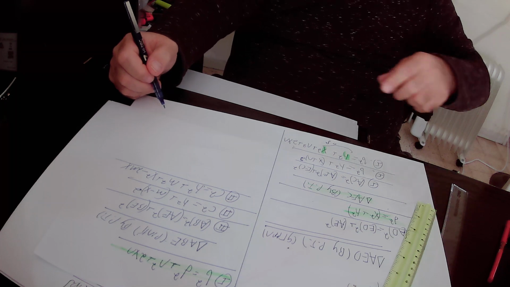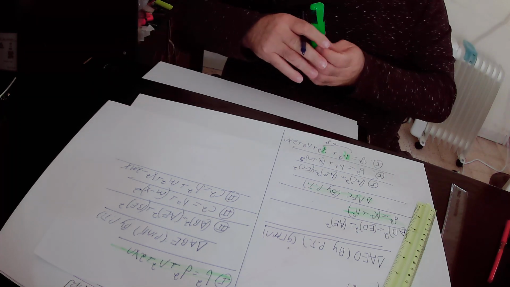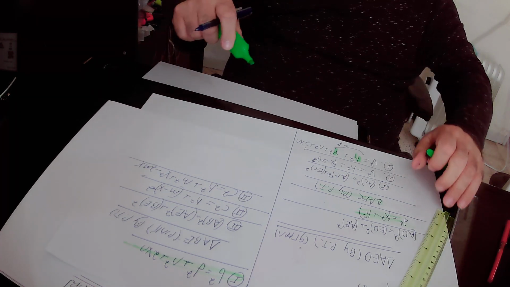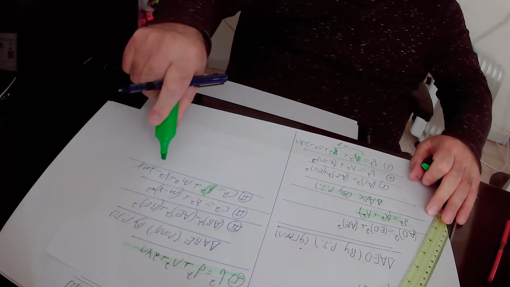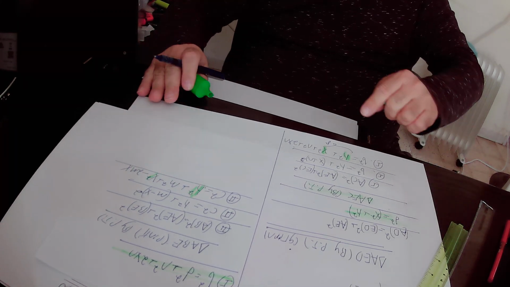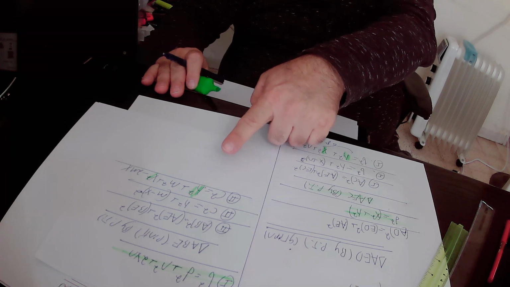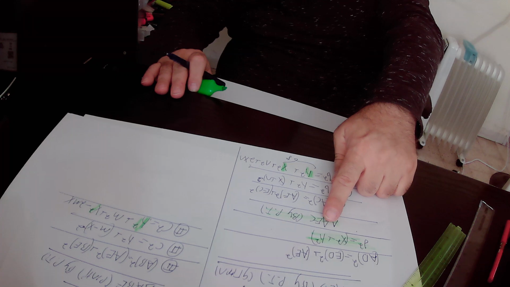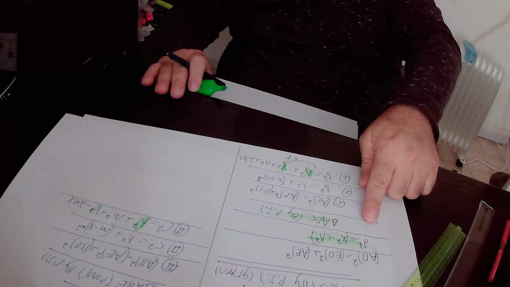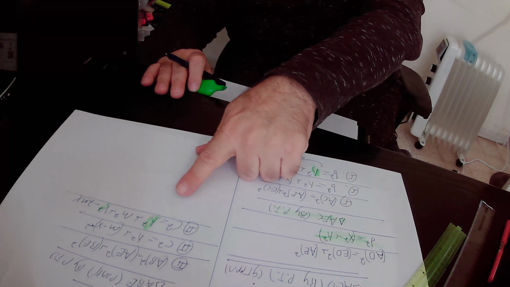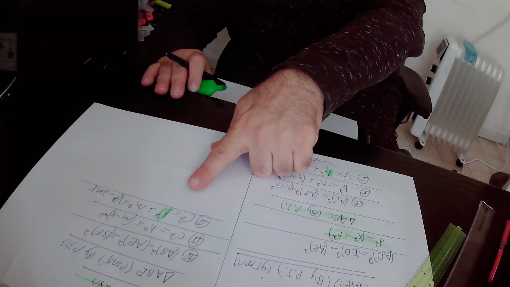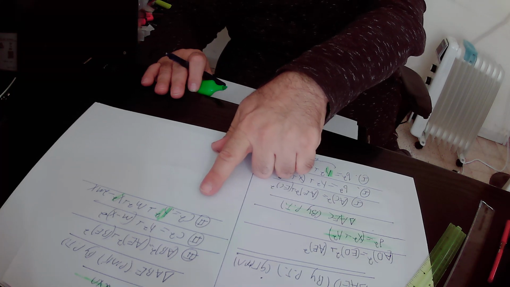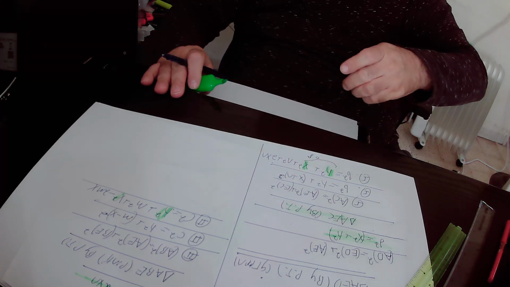So again, in equation number 2, we have the expression H square plus X square, or X square plus H square, and we already found out that X square plus H square equals D square. So we substitute H square plus X square in this equation number 2 by D square.